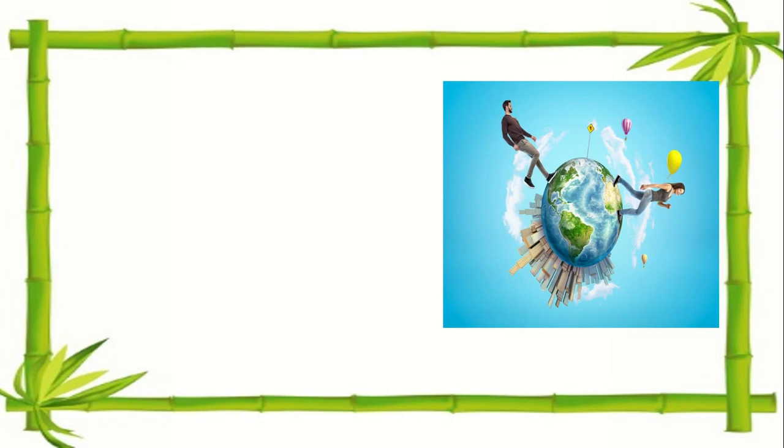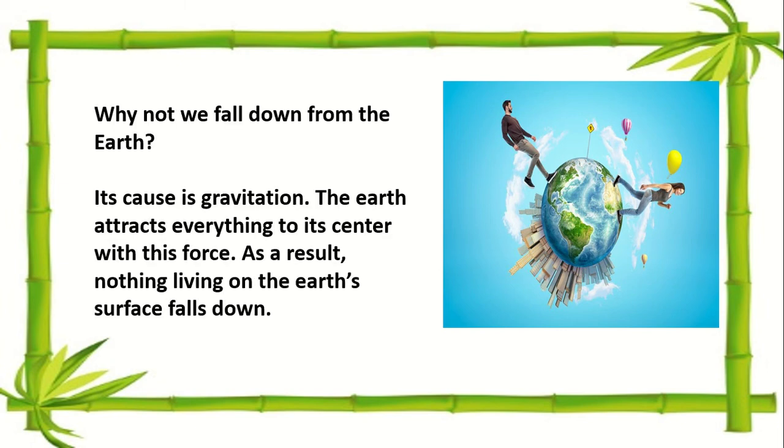So, dear learners, have you seen the globe? When we see it, we understand that the earth is like the globe and we are staying over a sphere like a globe. But the question is, why do we not fall down from the earth as we are staying over the surface of the globe? Answer, it is caused by gravitation.